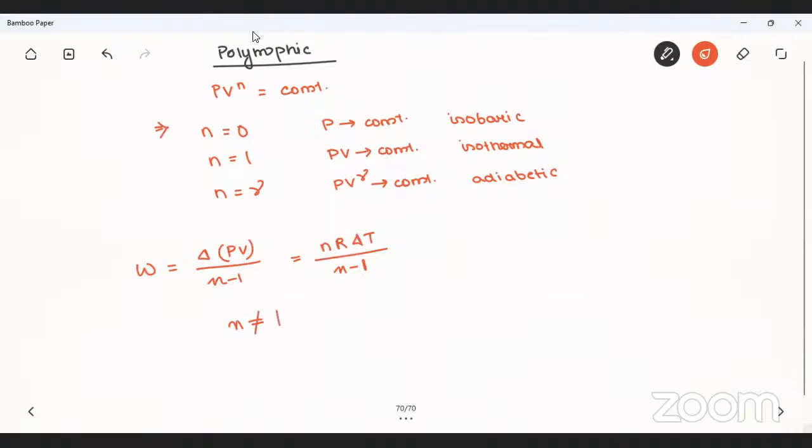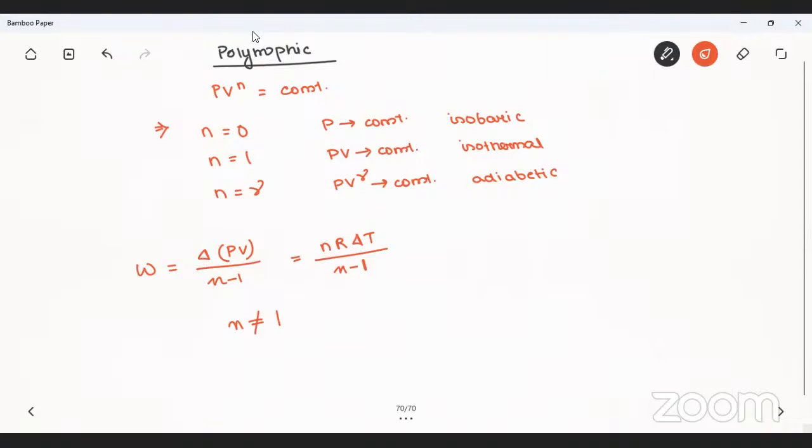See, if you put n is equal to gamma, PV by gamma minus 1 is the work done for a reversible adiabatic process. If you put n is equal to 0, it will come as minus P times ΔV, that is the formula for an isobaric process. If you put n is equal to 1, this will come as infinity.